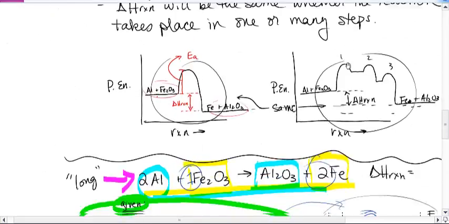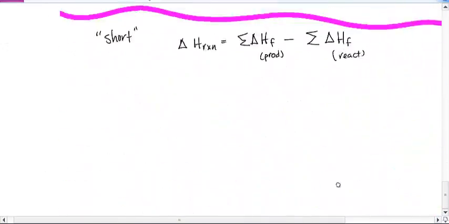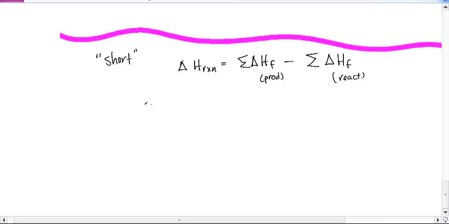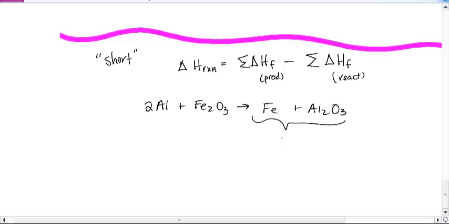So if I go back to this short method, and again, I'm rewriting the equation just so I have it on the screen. What I need is I take the sum of the heats of formation of the products, and then I subtract the sum of the heats of formation of the reactants. But I do have to consider how many moles of each I am making.